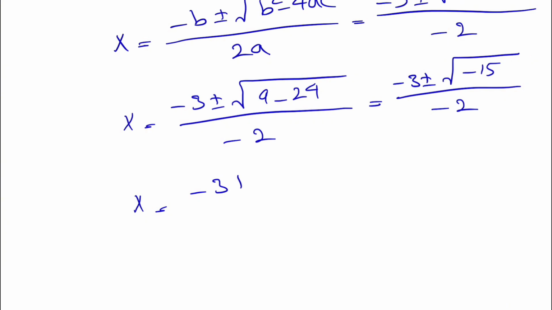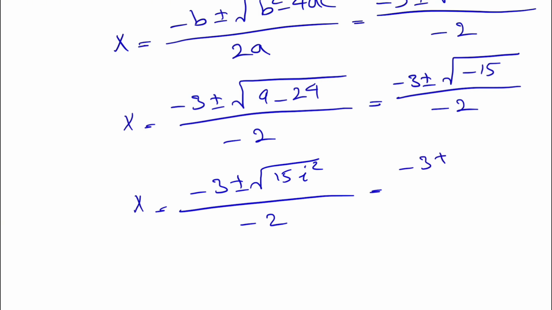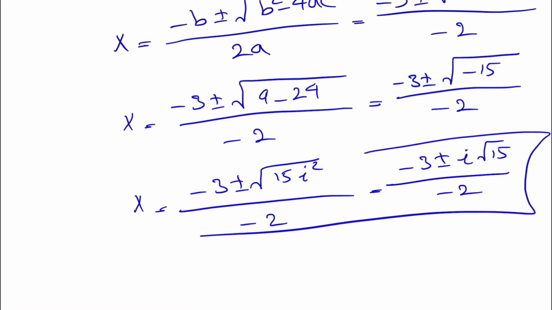So we'll have minus 3 plus or minus the square root of 15 times our imaginary number, the square root of minus 1, which is i, divided by minus 2. And here we have minus 3 plus or minus i square root of 15 divided by minus 2. And we have two more different answers here, which will be our complex answers.